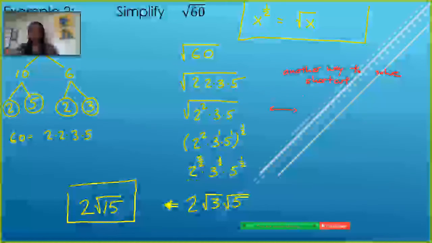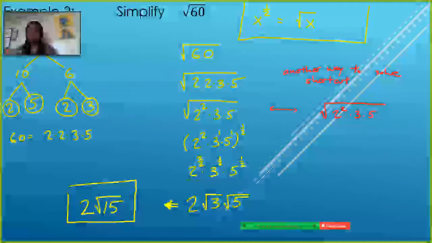So here's the deal. Back at this stage, we had 2 to the 2 times 3 times 5. What root are we taking right now? What's the number on the outside of this radical box? There's nothing, right? There's nothing written here. So Braden just brought this up a moment ago.